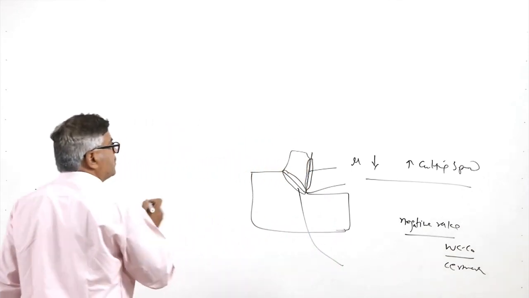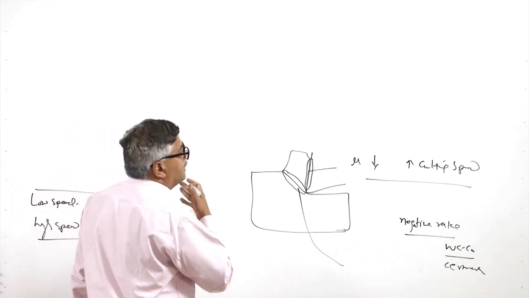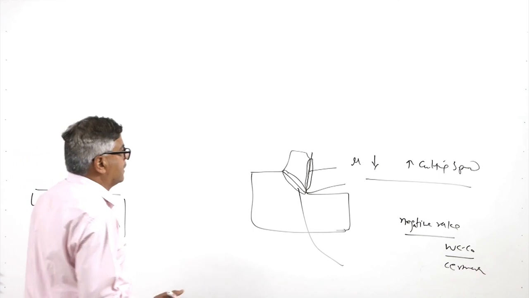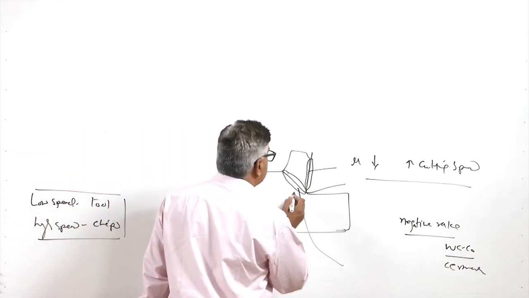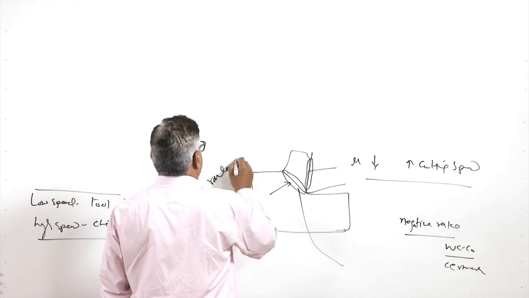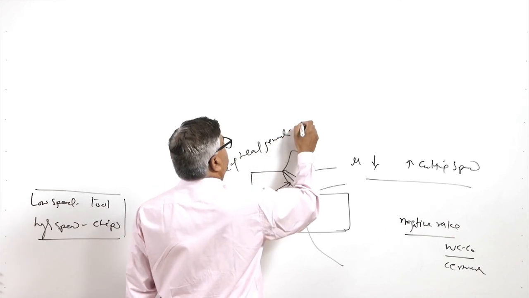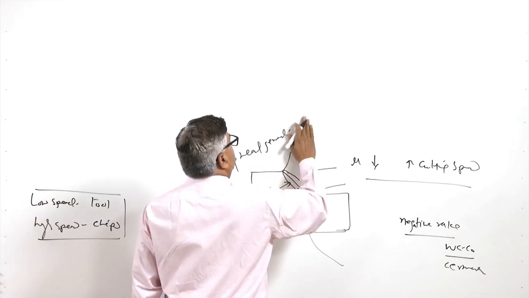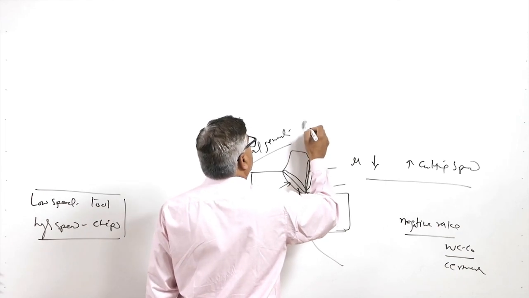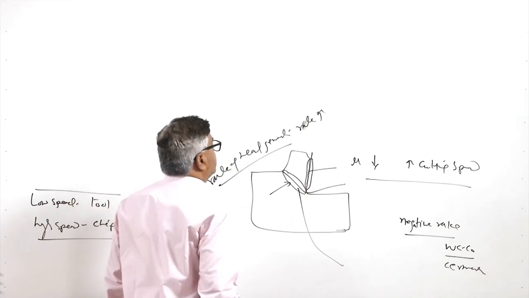So, what is leading to the increase in tool chip interface temperature with the increase in cutting speed? For that, what we need to see is the heat generation rate, the heat generation per unit time, because the power consumption per unit time will increase. So, heat generation rate increases with the increase of cutting speed.